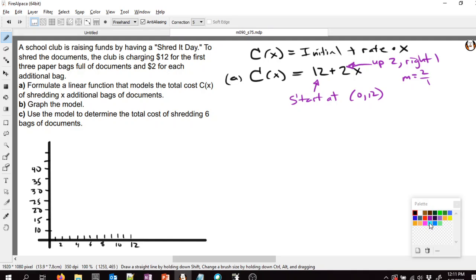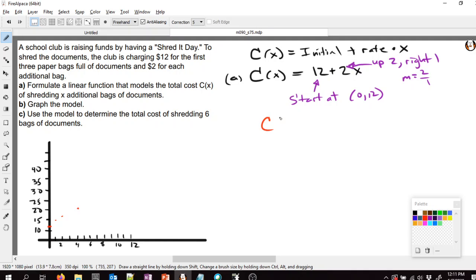So we're going to start down here at 12. And then we're going to go over 1, up 2. So that's 14. Over 1, up 2 is 12 plus 4, 16, just over 15. 4 is 8, is 20. So 20 and 4, right?